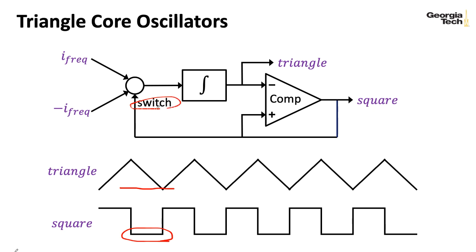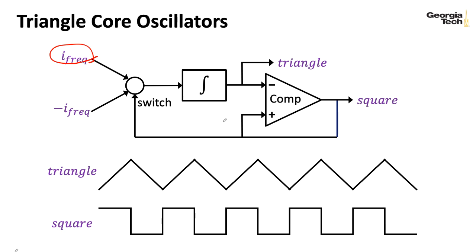And the logical information that we're feeding to the switch picks this negative constant. So we'll now start to drop until we hit the point where we exceed this lower threshold, and then everything switches back over again, and then we start climbing. So we naturally get two waveforms out of this. We get a triangle wave and a square wave.